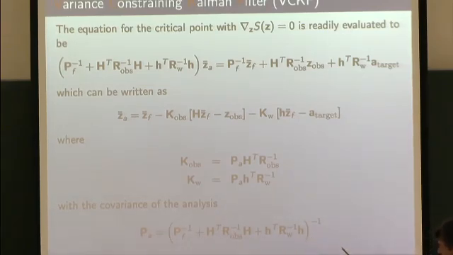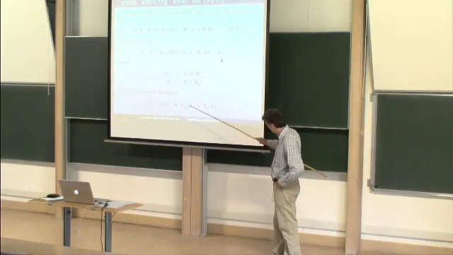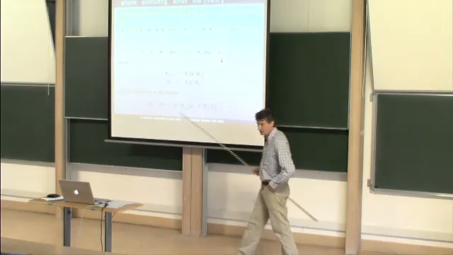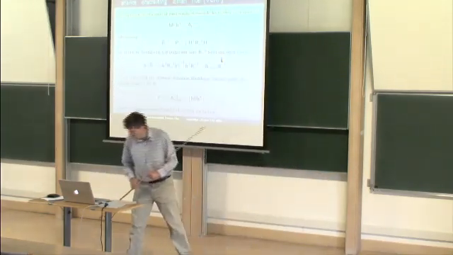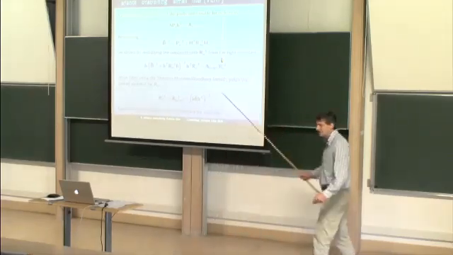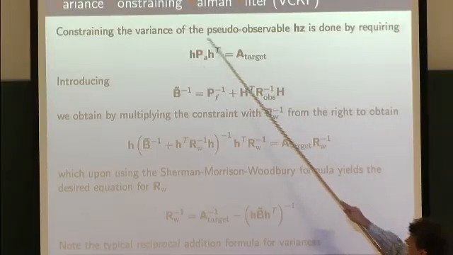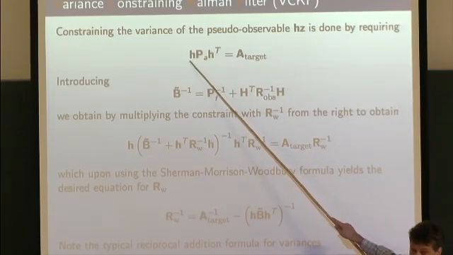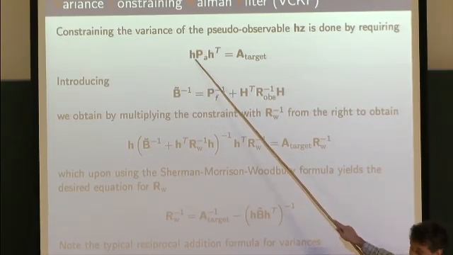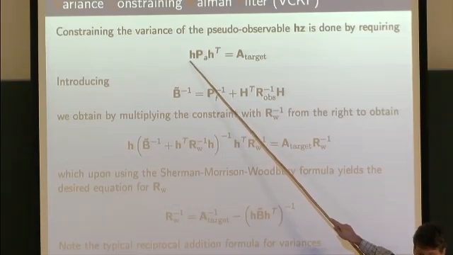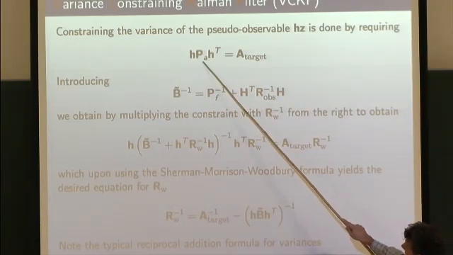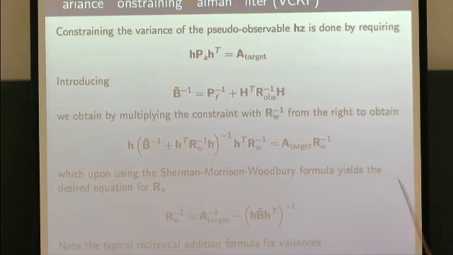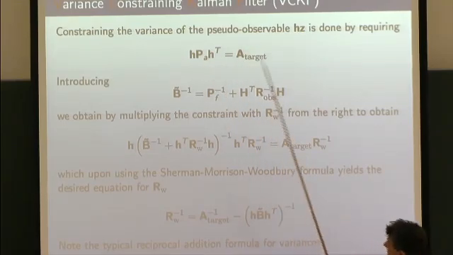And again, we can calculate the error covariance of the analysis. And here's this Rw that we don't know how to choose. But we now make a constraint: the variance of the pseudo-observables, obtained by projecting with small h onto our analysis covariance matrix, should be our target. That's what we said. We have this climatic information. We know the error covariance of the pseudo-observables. So this is our condition.